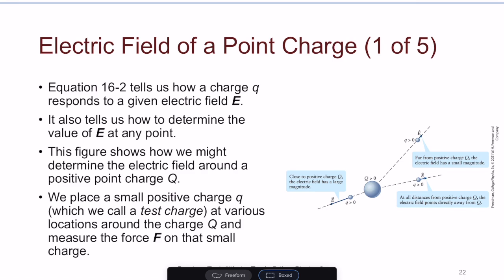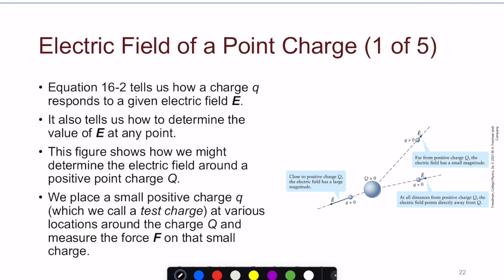Let's examine the electric field for a special case, and that is the electric field created by a point charge. We've already talked about this point charge. We called him big Q. We're going to look at the electric field that he creates, which influences any other charge we put in its vicinity.